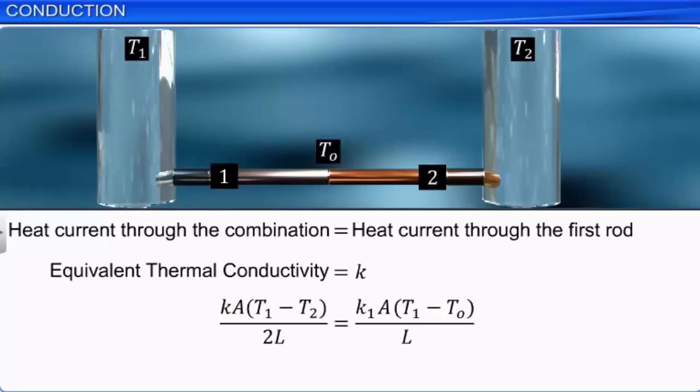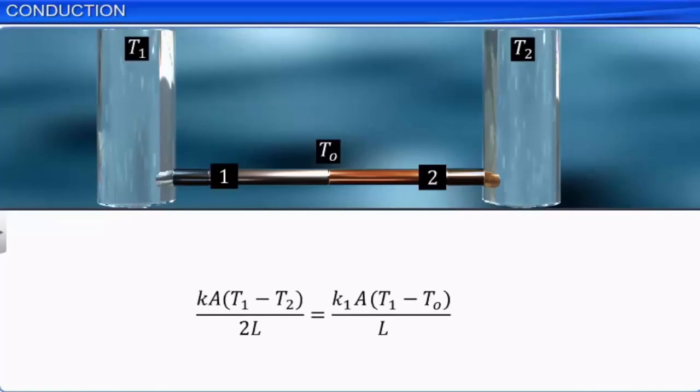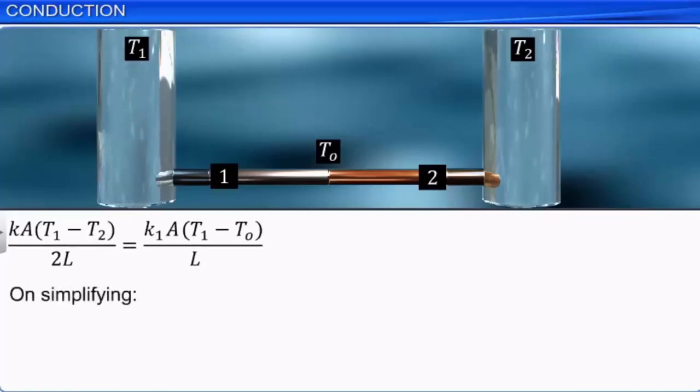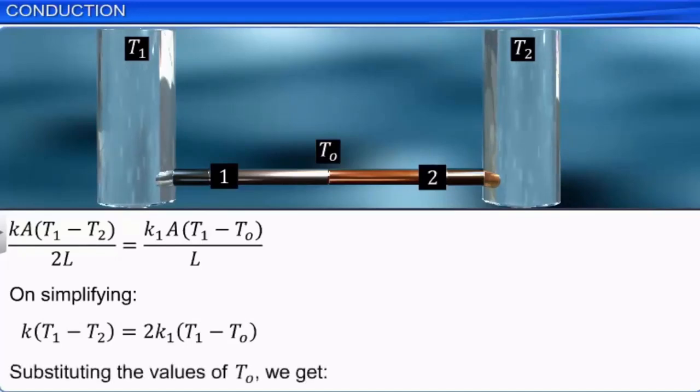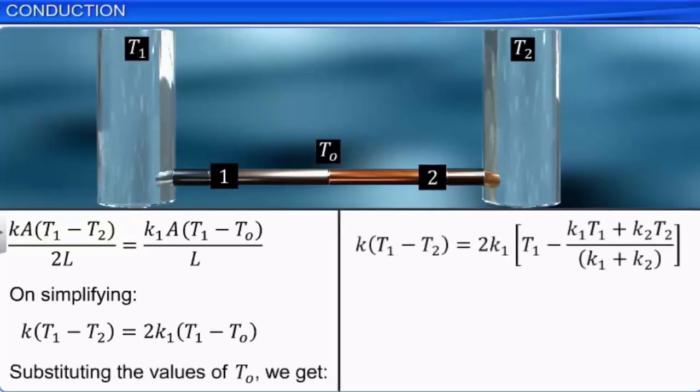On simplifying, we get K(T1 minus T2) is equal to 2K1(T1 minus T0). Substituting the value of T0, we get K(T1 minus T2) is equal to 2K1(T1 minus (K1 T1 plus K2 T2)/(K1 plus K2)).